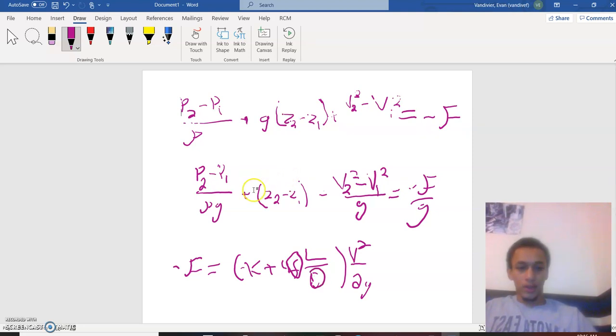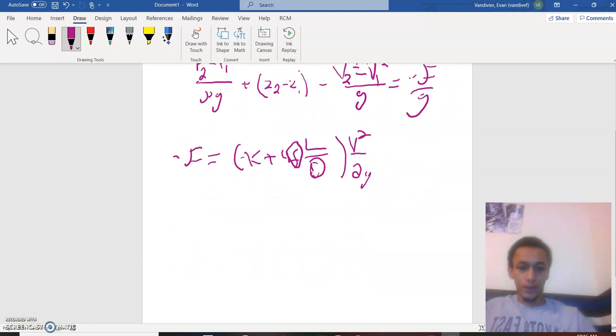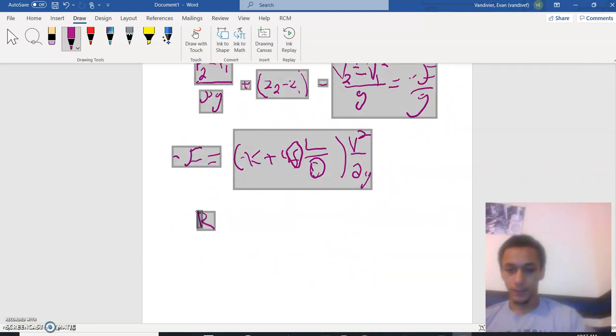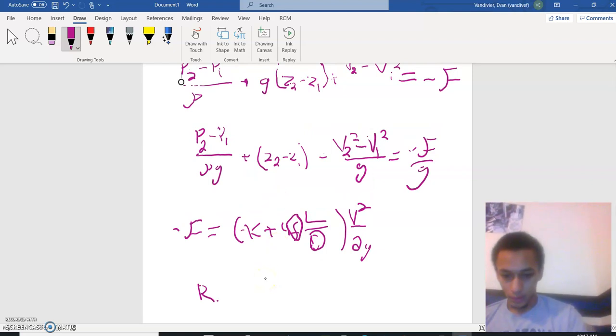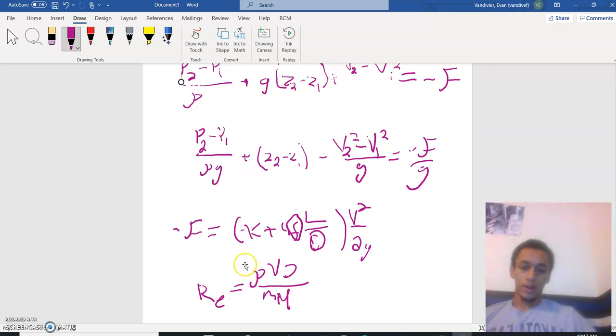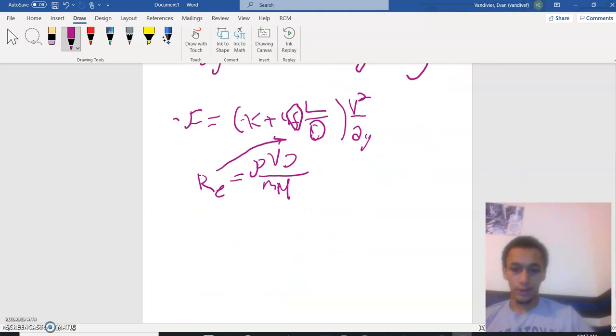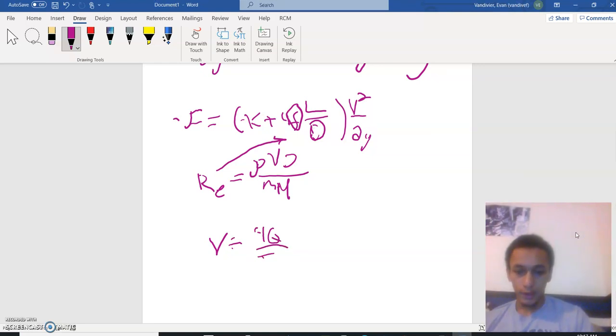And this can depend on a Reynolds number here, since Reynolds number is equal to rho V D over mu, which directly relates to this, and the velocity is equal to 4Q over pi d squared.